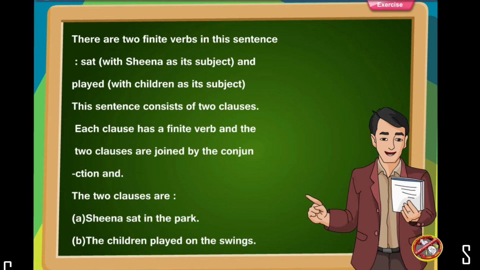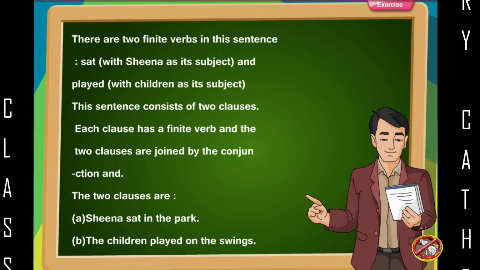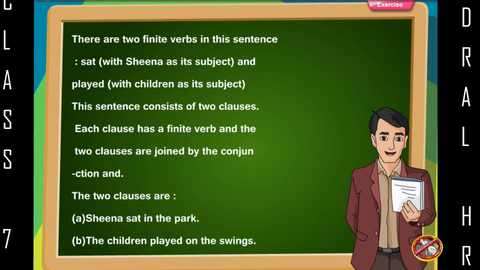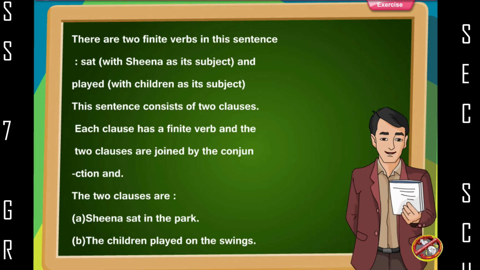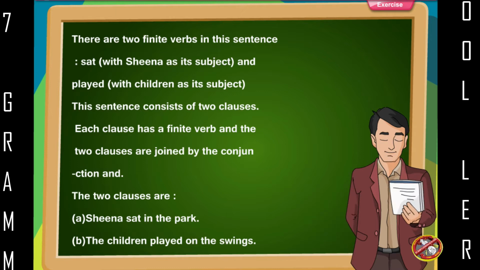There are 2 finite verbs in this sentence. Sat, with Sheena as its subject, and played, with children as its subject. This sentence consists of 2 clauses. Each clause has a finite verb, and the 2 clauses are joined by the conjunction and.